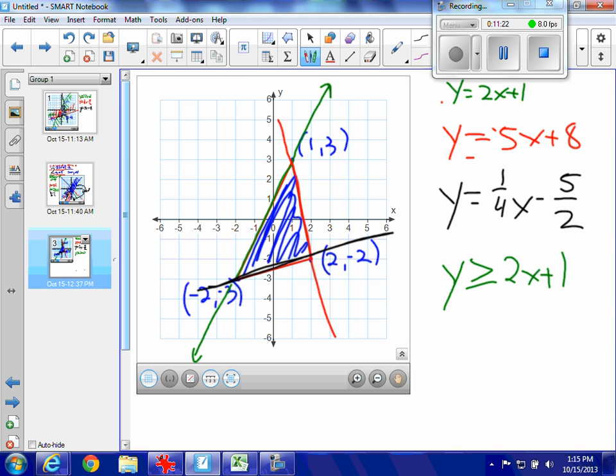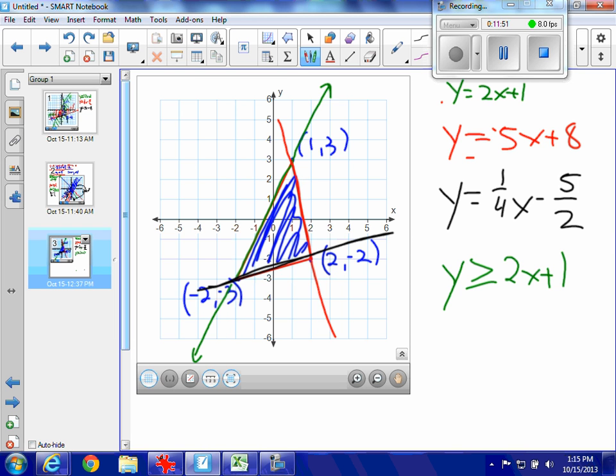I only have two choices, right? It's either greater than or equal to or less than or equal to. I don't have any other choices than that. And I know it's or equal to because the line is solid, not dashed. If it was a dashed line, it would just be less than or greater than. But it's a solid line. So if you see a dashed line, remember you're not going to have the equal sign as part of your inequality. So I'm just going to try this out, and I'm going to test out my point 0, 0.